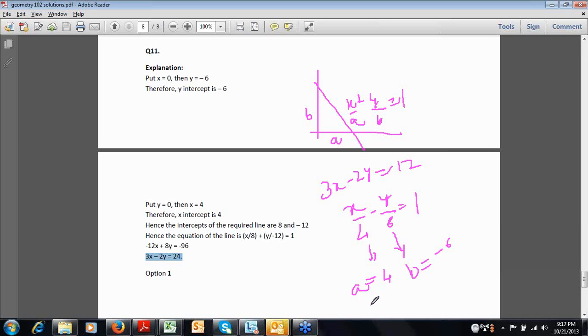So now the new a1, let's say, will be 8 and b1 will be minus 12. Now put these values in this equation, and we are finding out the equation to be this. And now divide the equation by 4, we get 3x minus 2y is equal to 24.